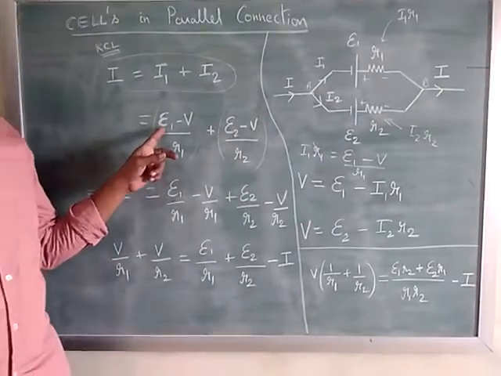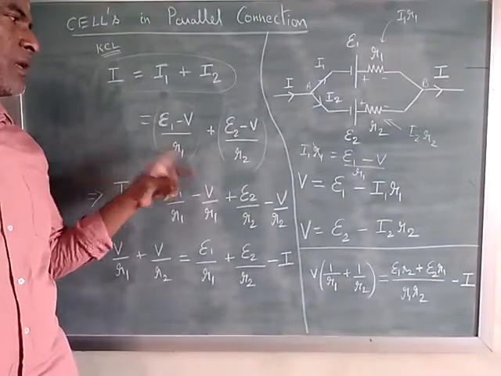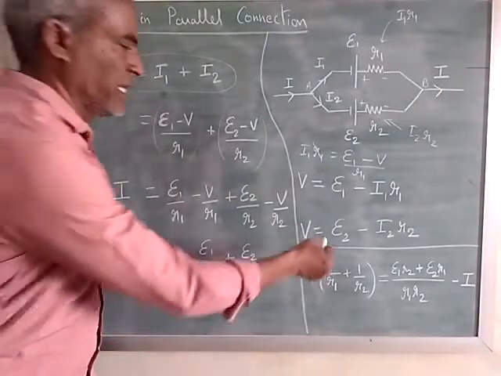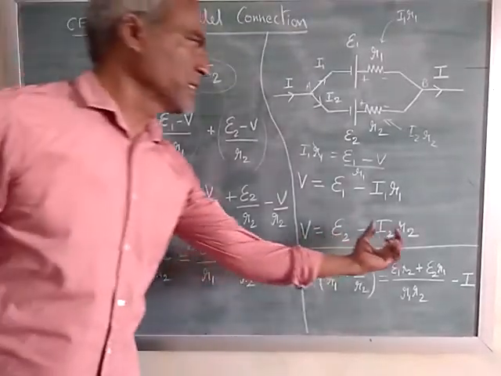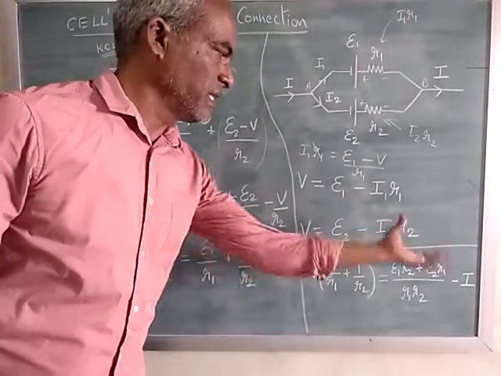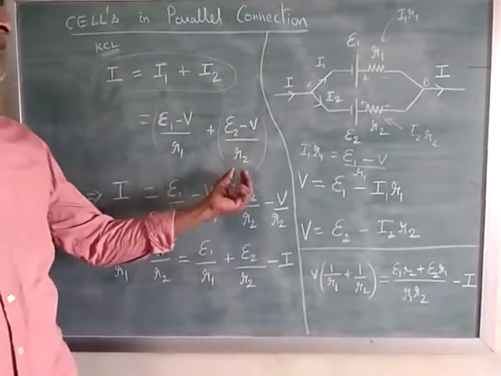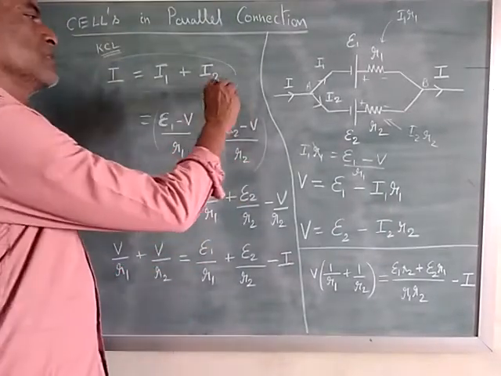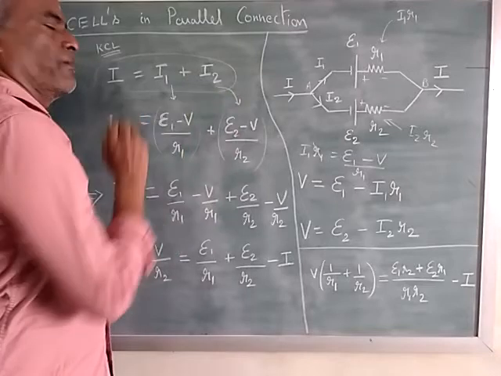So that's what is written here. Similarly, for the next case, you bring this I2 R2 this side, move the V that side. So E2 minus V divided by R2 will be I2.